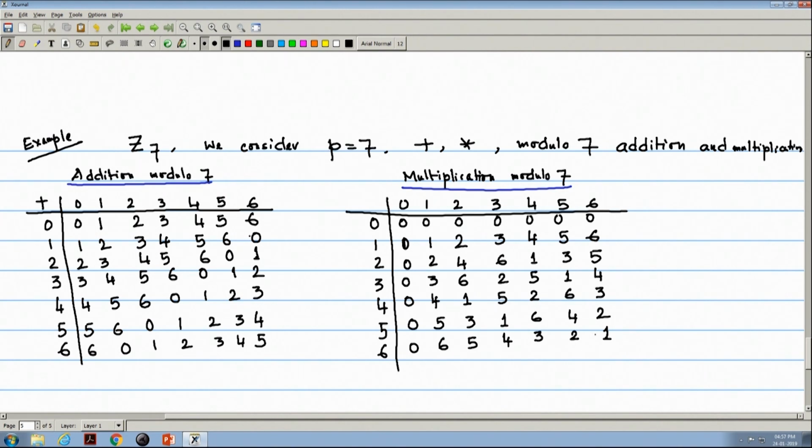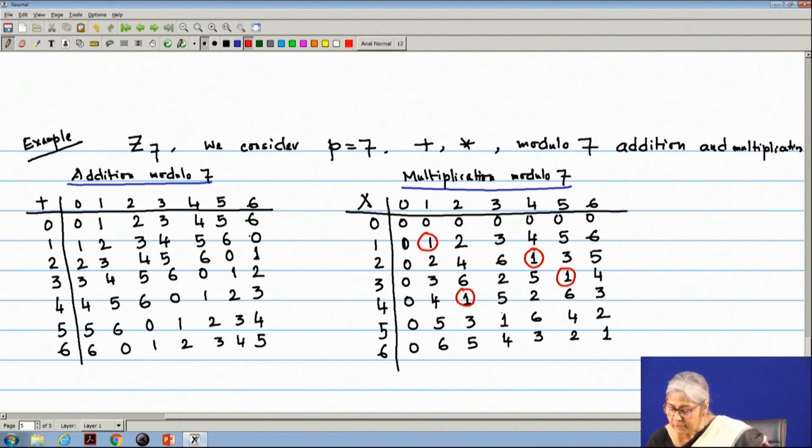Now, we observe some things. First thing is, except 0, we are getting the multiplicative identity 1 for each element, so we are getting A inverse equal to 1 for all A belongs to Zp.